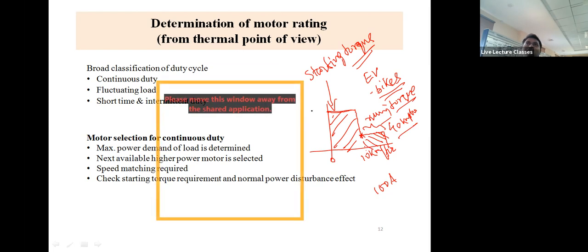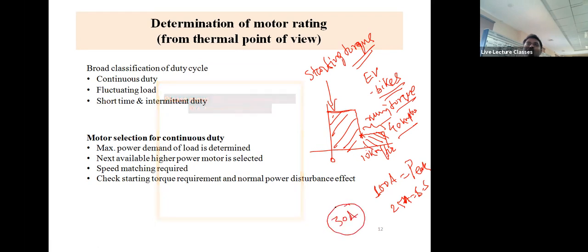But say this takes 100 amperes, so this is the peak current, and say in the steady state it needs 25 ampere. Just imagine you have designed a battery which can give only up to 30 ampere.